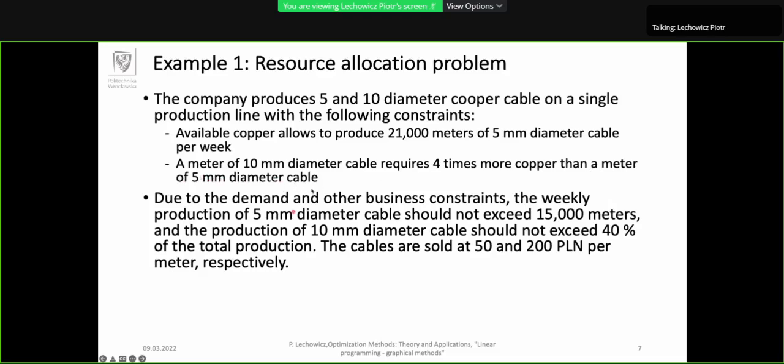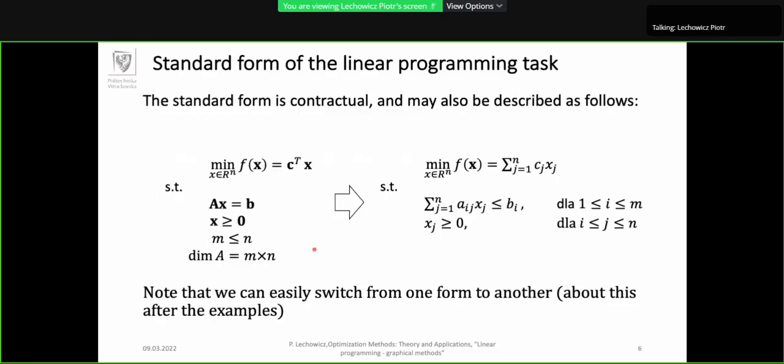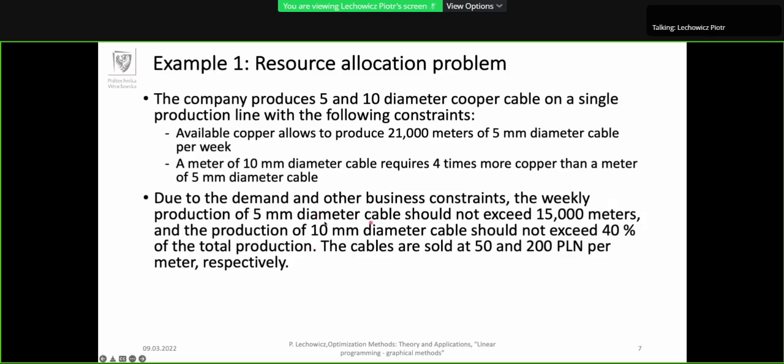So 10 millimeter diameter cable requires 4 times more resources to produce a meter of cable than the 5 millimeter diameter cable. And due to some business restrictions, consumer demand, the weekly production or some storage limits, because these cables have to be stored somewhere before selling them, the weekly production of 5 millimeter diameter cable should not exceed 15,000 meters, and the production of 10 millimeter diameter cable should not exceed 40% of the total production.